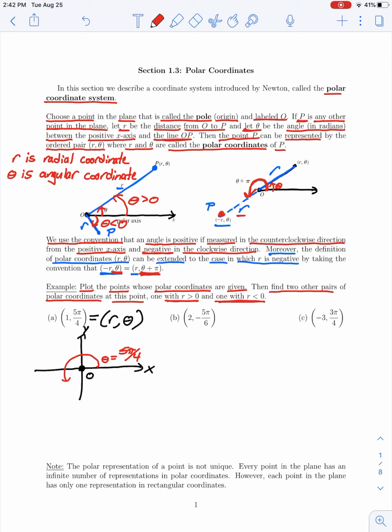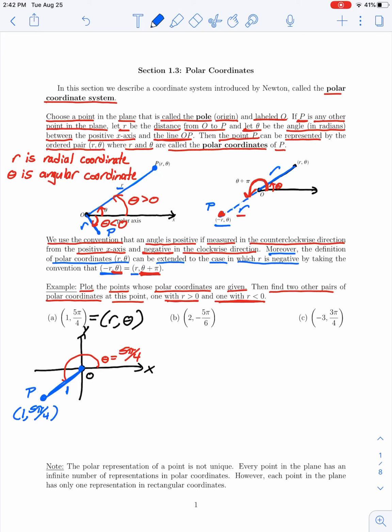And then along the line formed by that angle, we move 1 unit outward from the origin. So this would be our point P, whose coordinates are 1, 5 pi over 4.